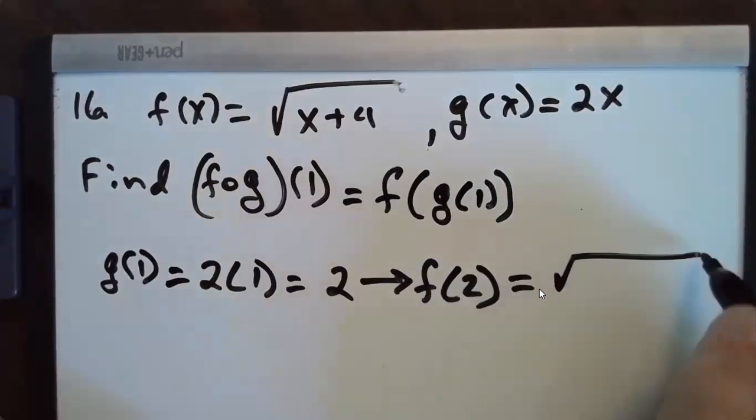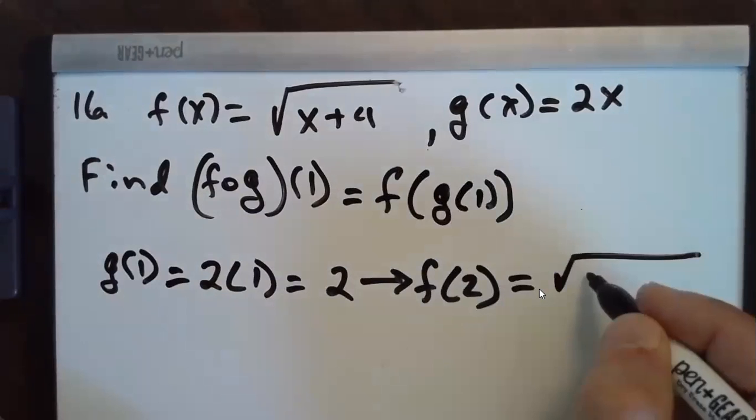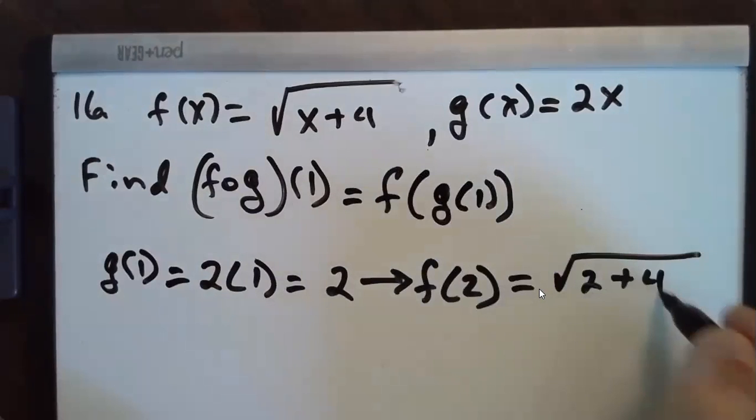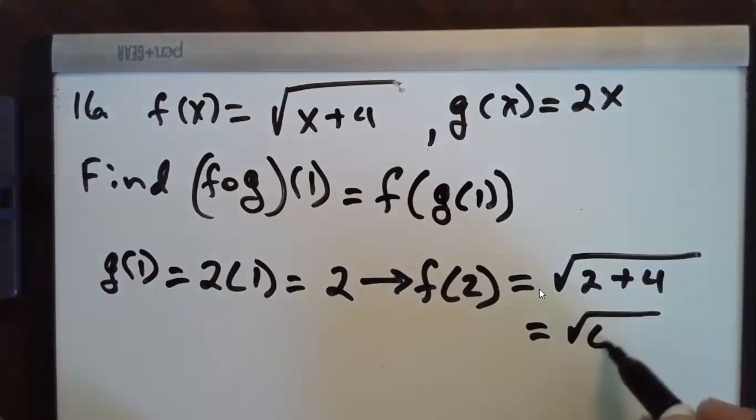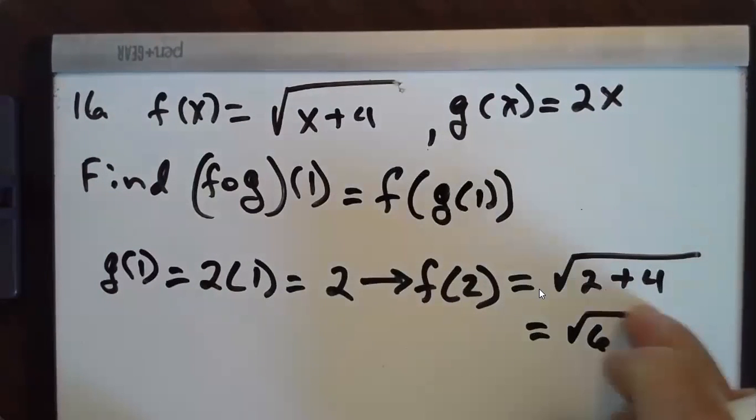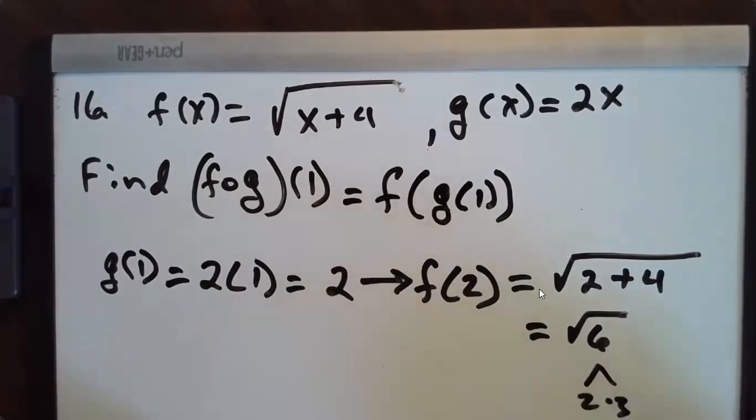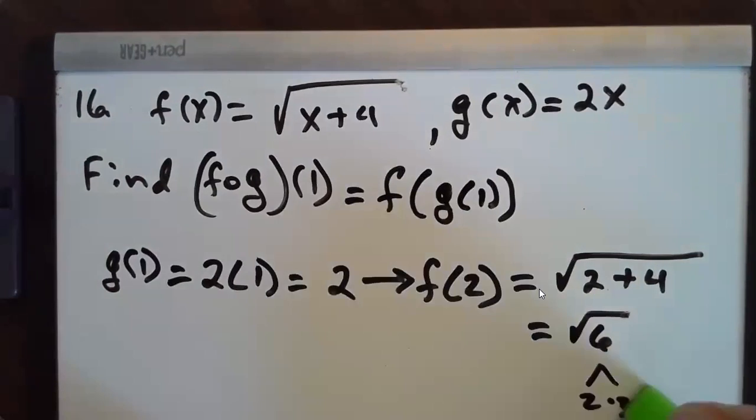So that'll be the square root of 2 plus 4, and we get the square root of 6. The factors of 6 are just 2 times 3, so we can't simplify the square root of 6. So this is our answer here, the square root of 6. And we're done.